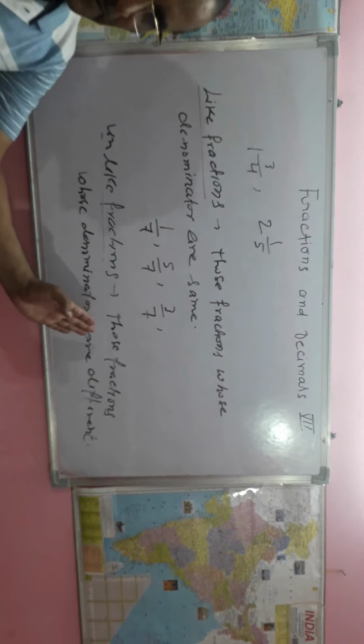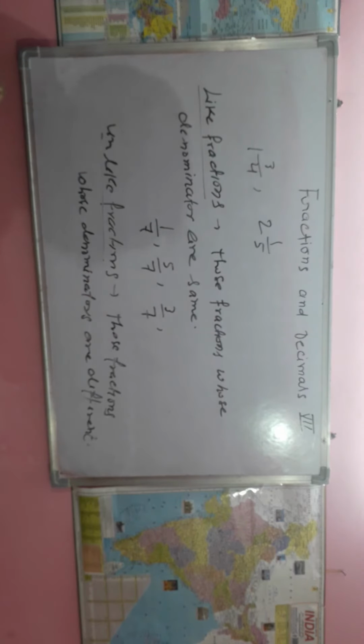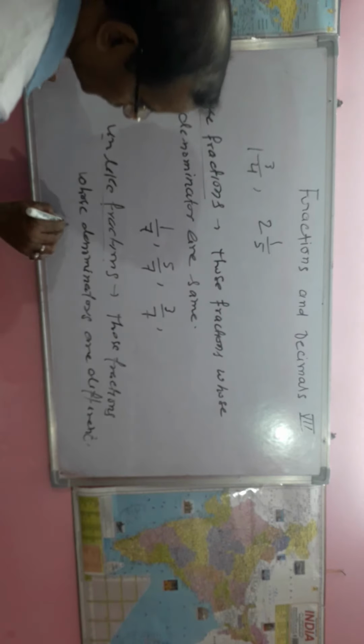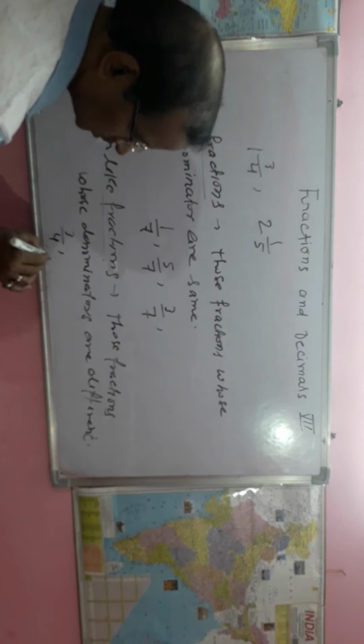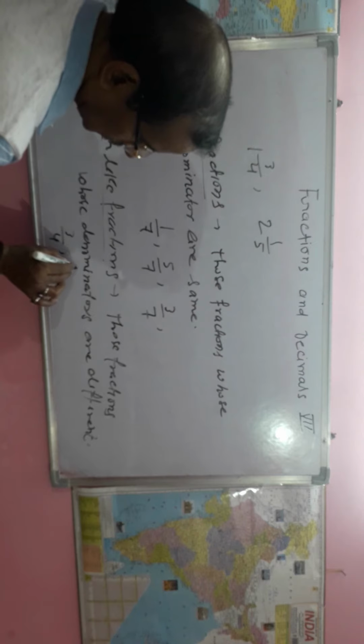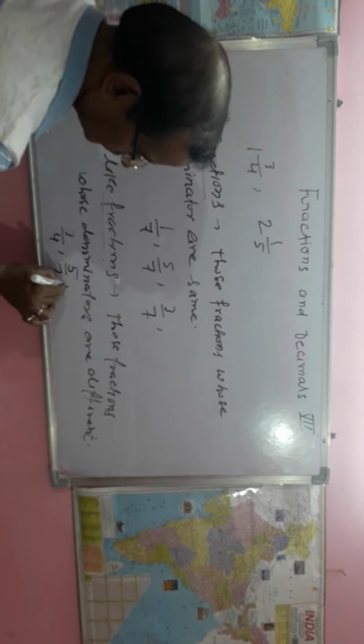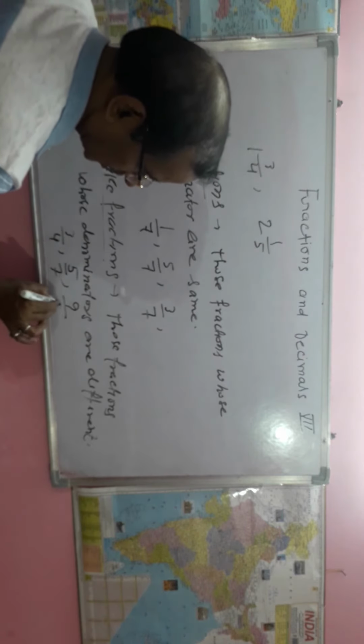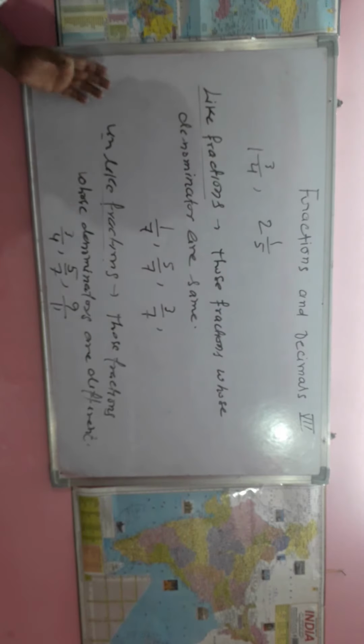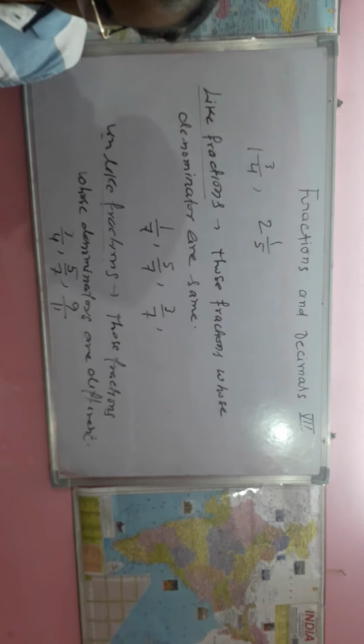We can take some examples: 3 by 4, 5 by 7, 9 upon 11. These are some examples of unlike fractions.